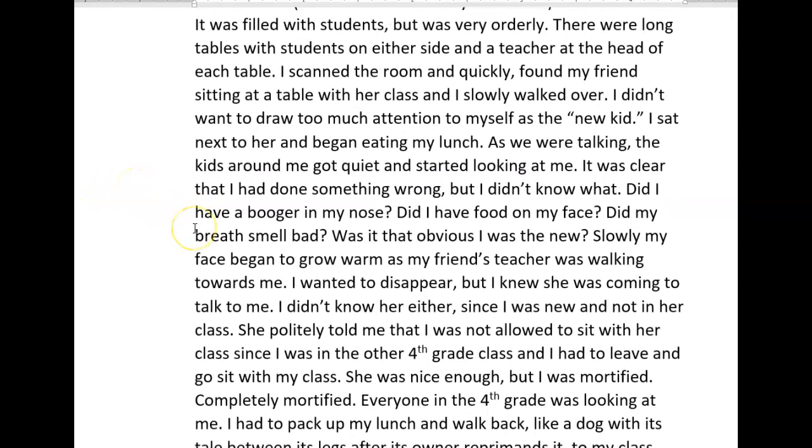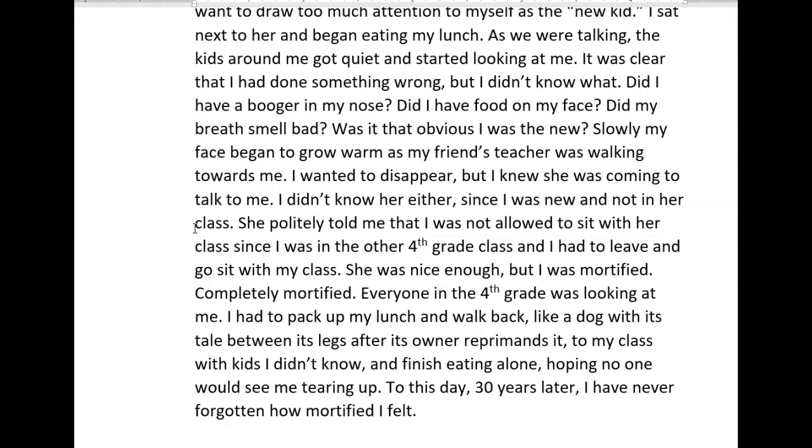And then down here is a Magic 3 sentence. I have 3 verbs. I think I even have 4. I had to pack up my lunch and walk back, so I have pack and walk, like a dog with its tail between its legs after its owner reprimands it. So there's another figurative language. There's a simile. So I had to pack up my lunch.